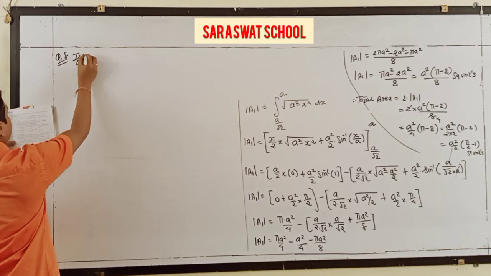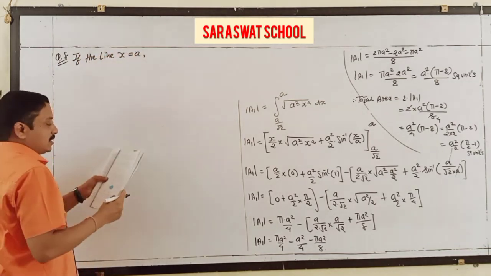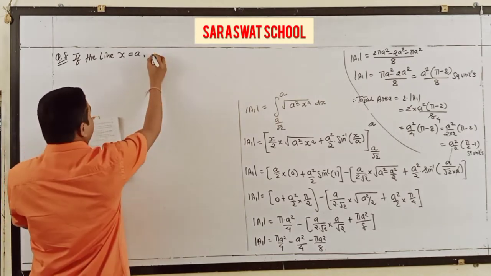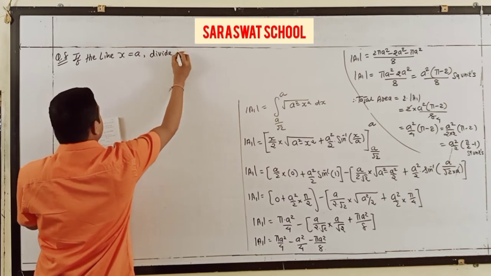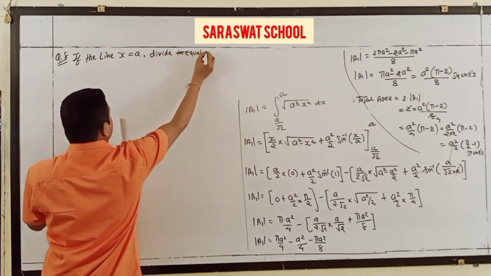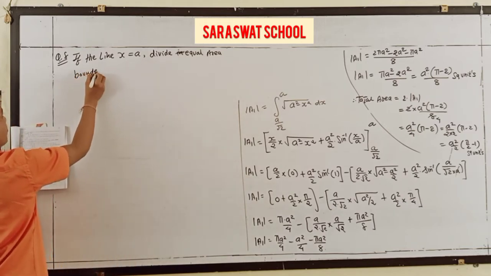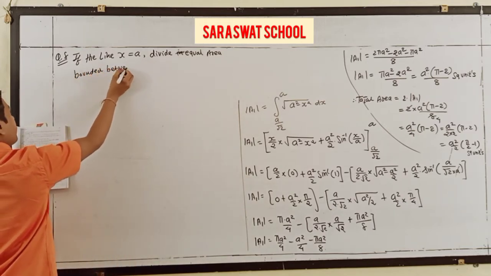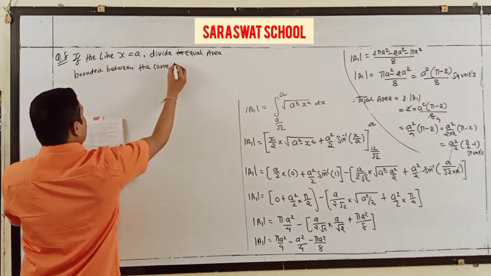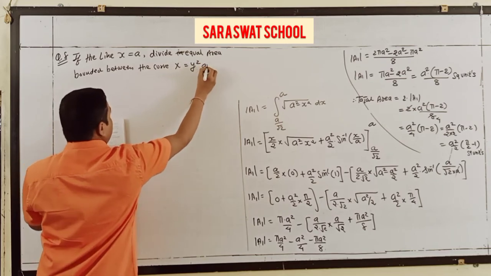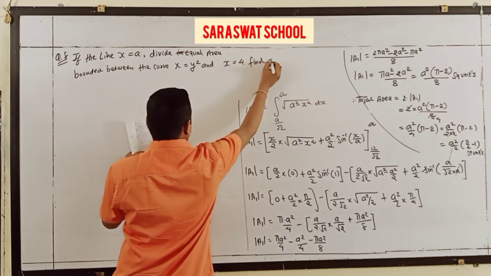If the line x is equal to a divides into equal areas the area bounded between the curve x is equal to y square and x is equal to 4, then find a.